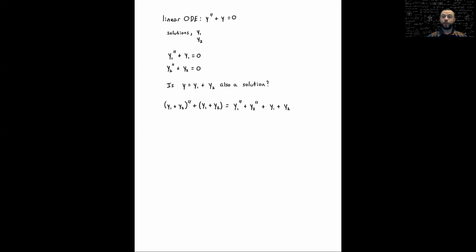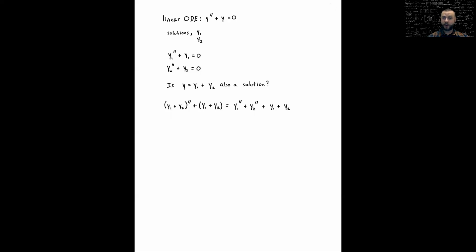All right, so let's first start with the linear ODE. Again, we know what the solutions are: y1 equals sine of x, and y2 equals cosine of x. Forget about that, and try to be comfortable with the abstract notation of y1 and y2 just being solutions. What does that mean?